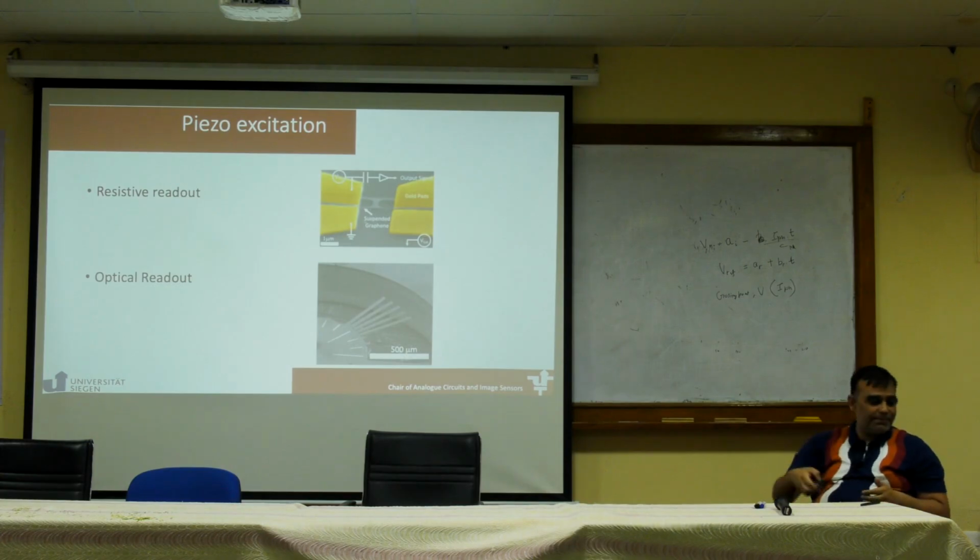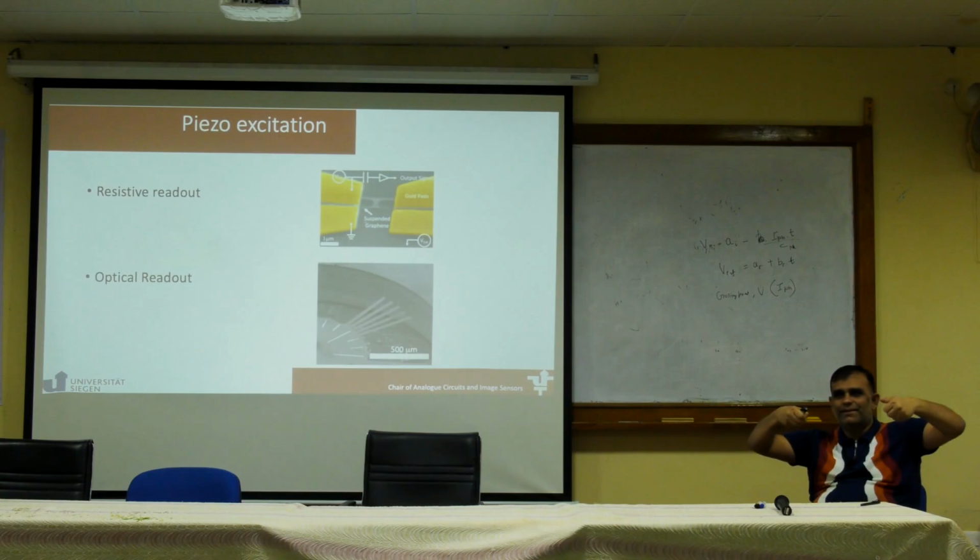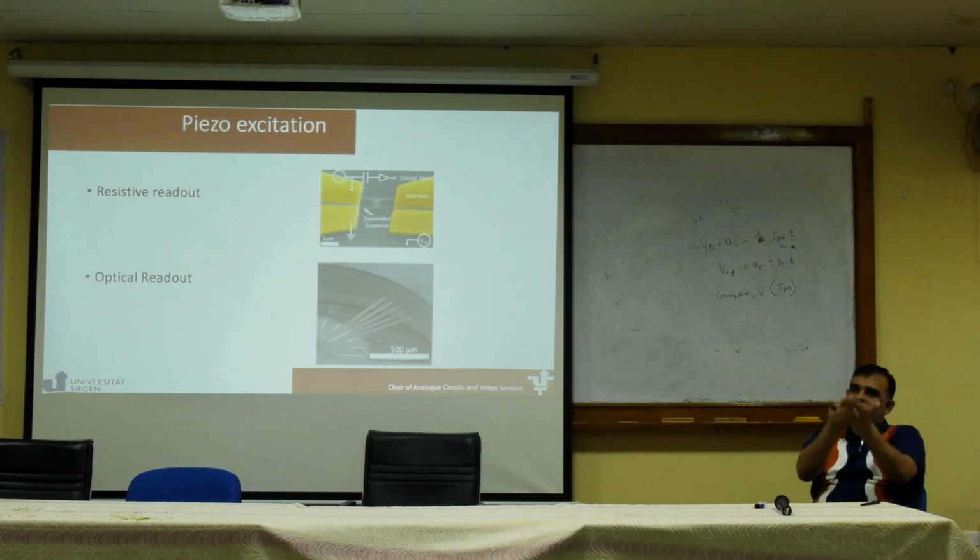So that was an example of electrostatic excitation and electrostatic readout. Here is an example of resistive readout. So these are piezo excited. This is a graphene resonator which has got 4 bond pads on the 4 sides, and this looks like an H beam. So on the 4 sides it is held, and as we shake the whole thing, the resonator starts going up and down.